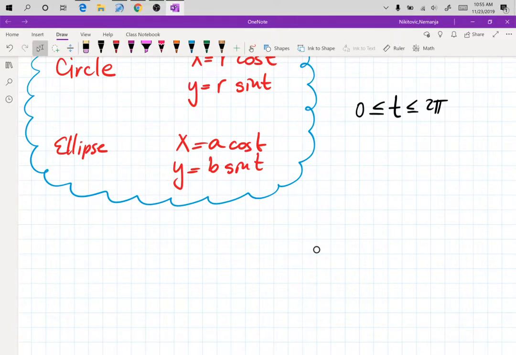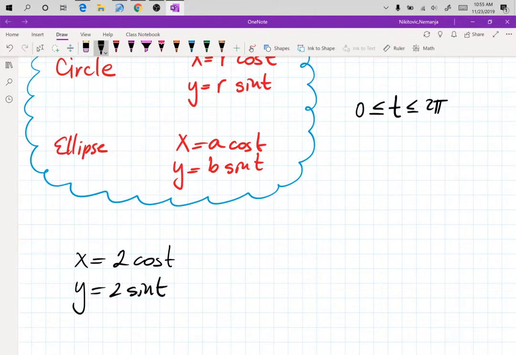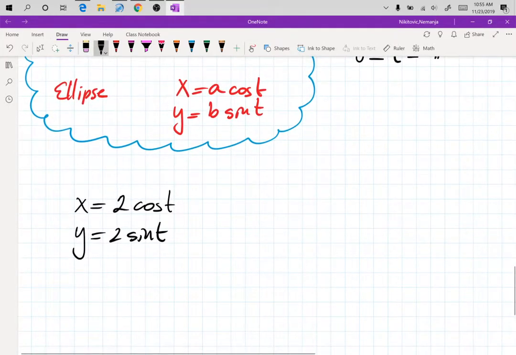Now, if I have my parametric set, let's say x equals 2 cosine t and y equals 2 sine t, we can use the information by setting values for t, and we can see which way it draws the image. And the way it draws the image, we will say that it moved clockwise or counterclockwise.